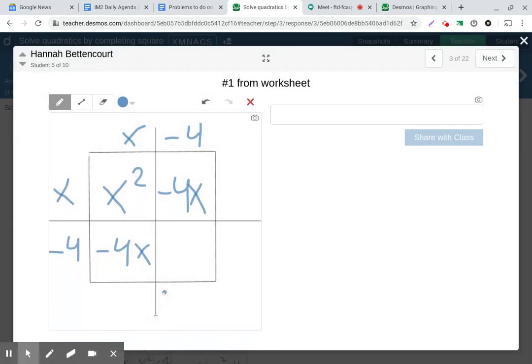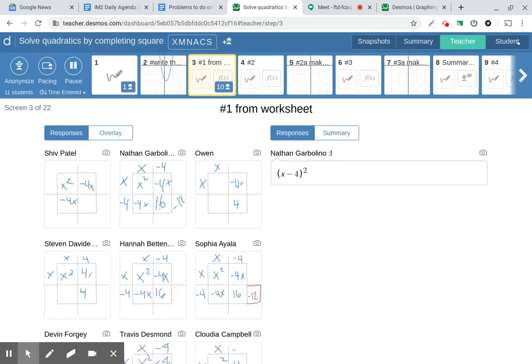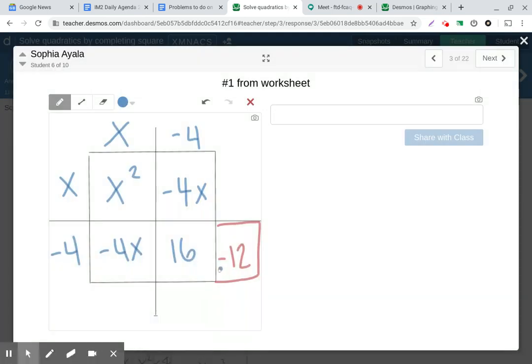Good job, Hannah. So now, Hannah, you're going to multiply -4 times -4 for that little square. And that's going to be 16, which is technically the wrong number, but you can force it to become 4 by subtracting 12. Sophia, good job. I like how you added it in red, right?